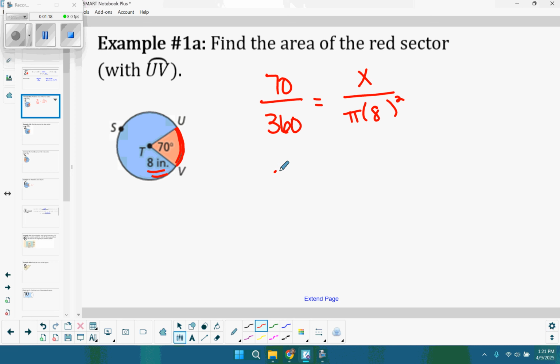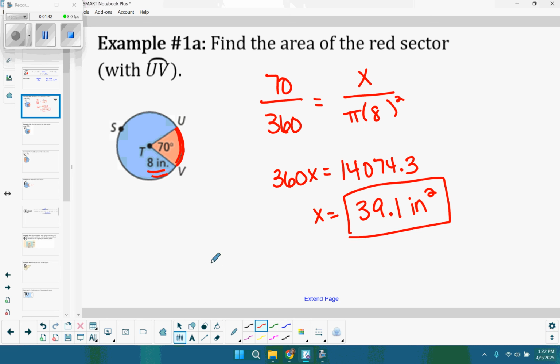So cross multiplying gives me 360x equals 70 times pi times 8 squared, which is 14074.3. When we divide by 360, we get 39.1, and this was inches, so inches squared because we're dealing with area.